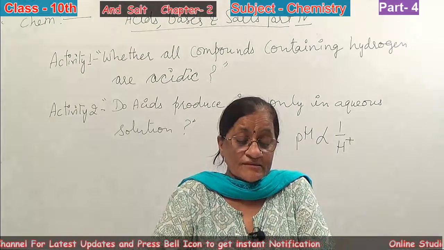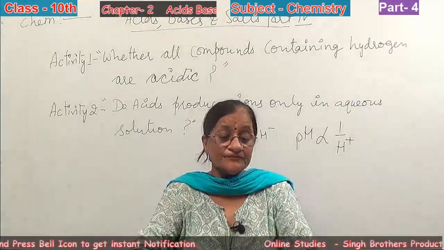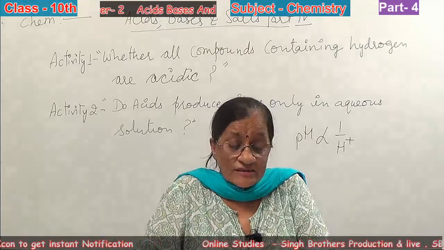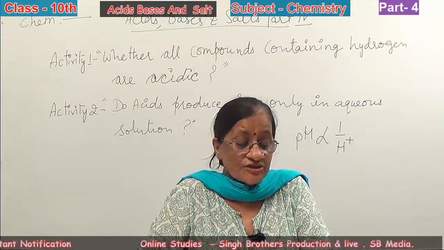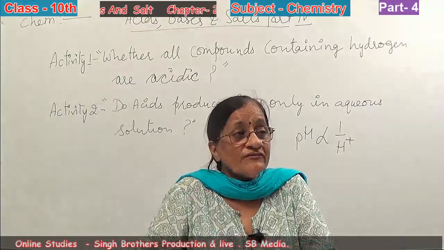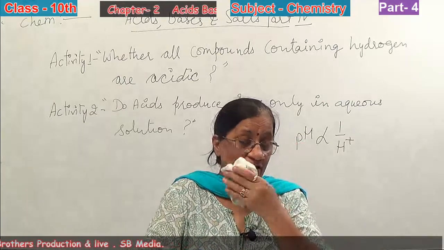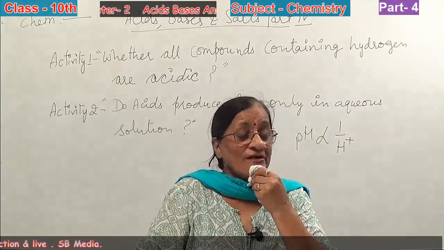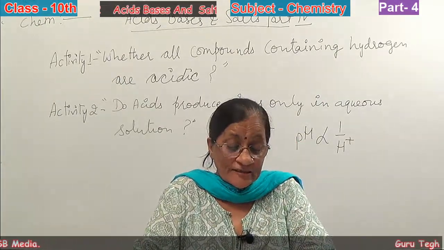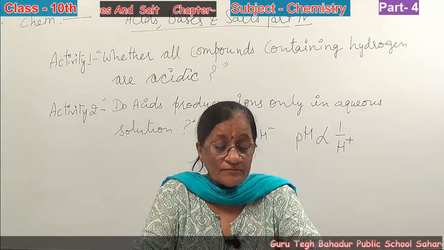Now, the importance of pH in daily life. Our body works within a pH range of 7.2 to 7.8. All living organisms can survive only in a narrow range of the pH scale. If this differs, we may face problems.